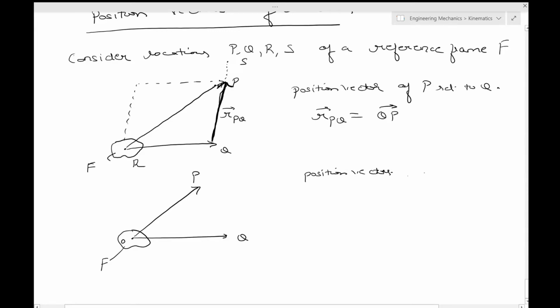So the position vector of this is RP. It is equal to RPO. The idea is that when it's with respect to O, the origin, the reference is not written, and hence it's just called RP.